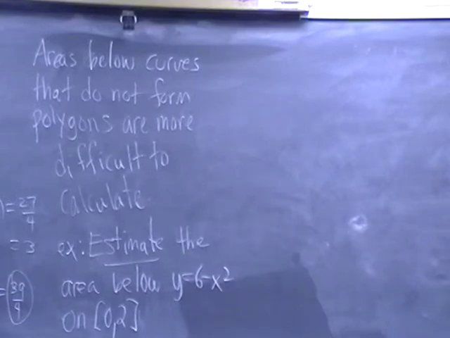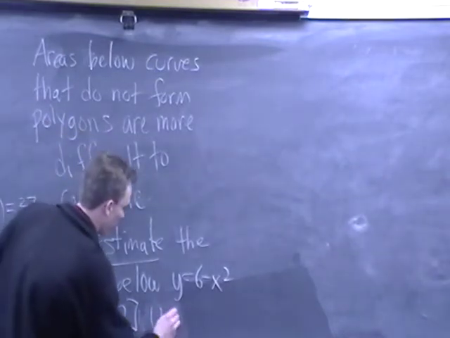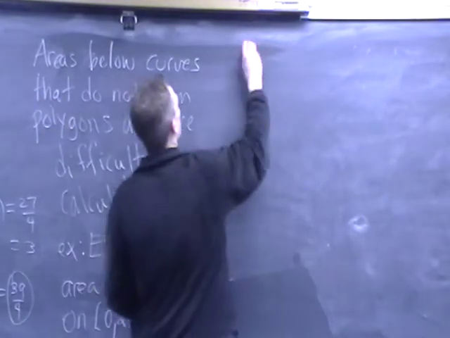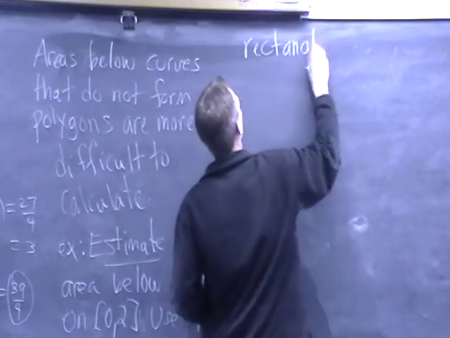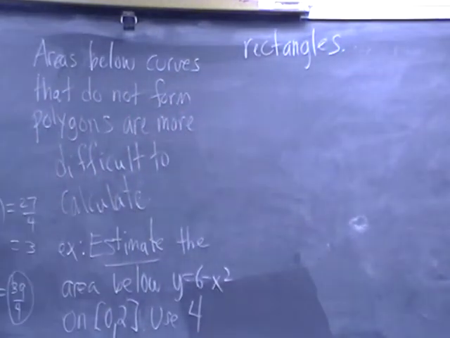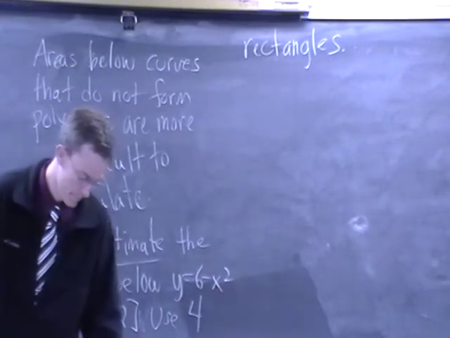And what we're going to do to accomplish this, we're going to draw in a bunch of rectangles. And we're going to just find the area of the rectangles and add them all up. So what they're saying here is they're going to tell us to use 4 rectangles. So pictures are going to be kind of useful in these problems. How do you spell rectangle?